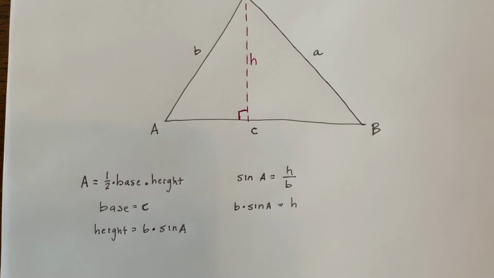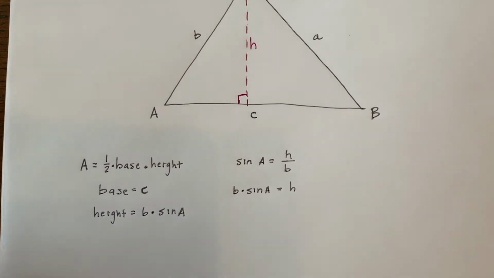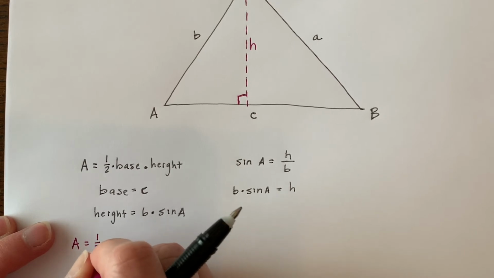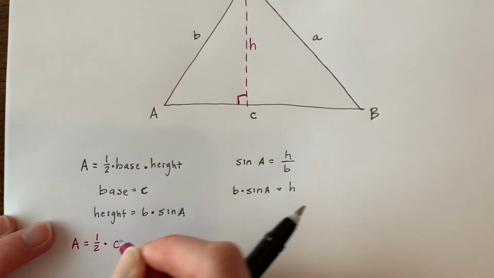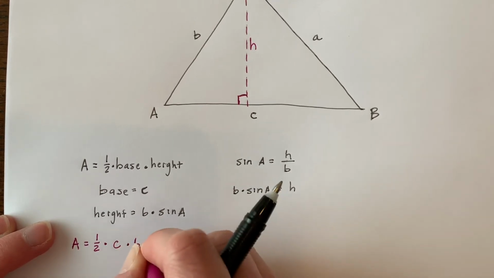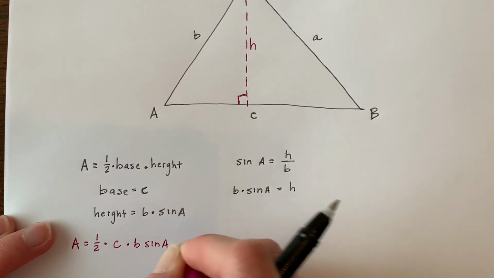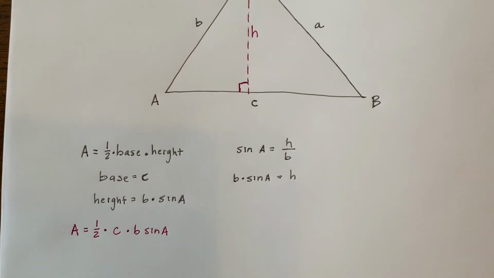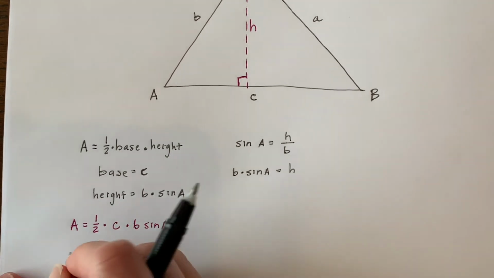Now I'm going to substitute it in. So I know that the area is 1/2 times my base, which is c, times my height, which is b sine of A. When we write this out, we should always put the letters, especially the lowercase letters, in alphabetical order.